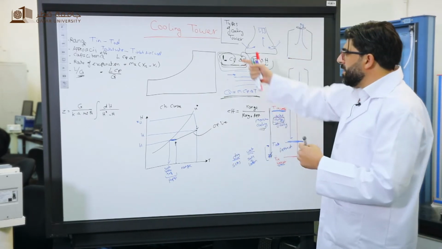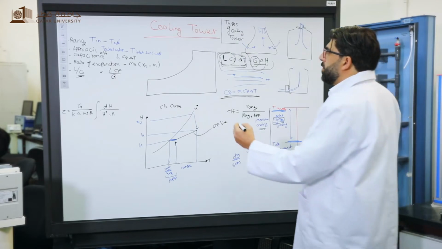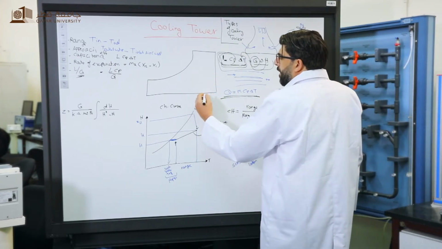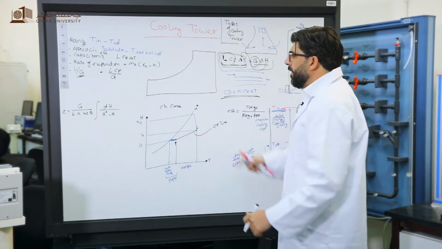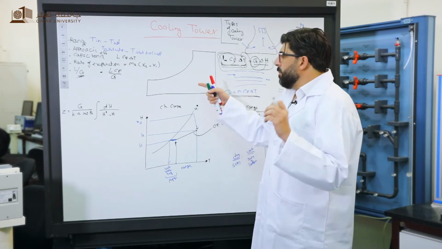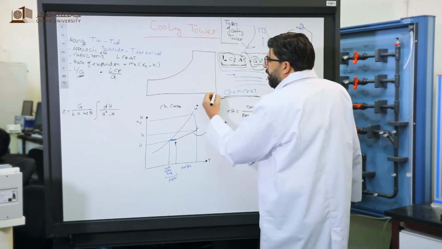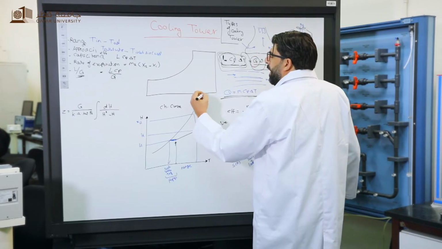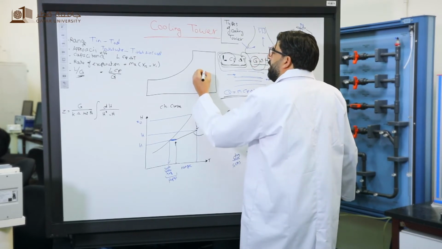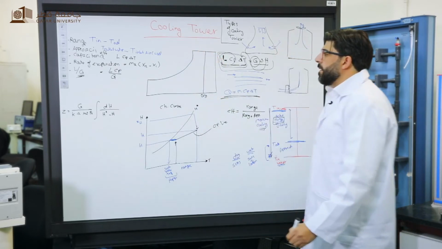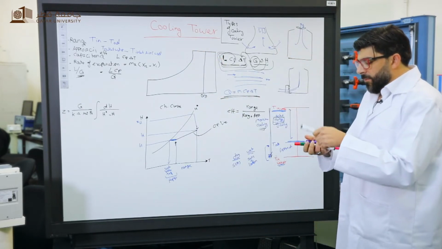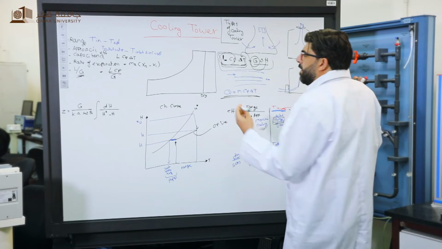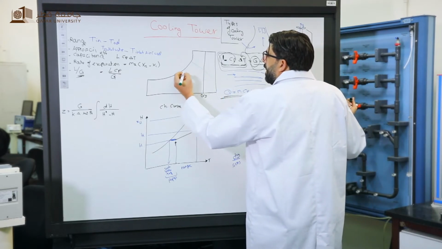So for example, this is a psychrometric chart. Each characteristic curve has a special position. This is dry bulb temperature, and it is characterized by vertical lines. Wet bulb temperature is characterized by diagonal lines, like this.